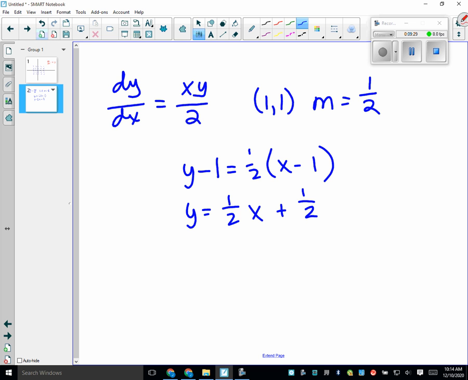Estimate the value of f of 1.2, which means when x is 1.2, what is y? Is y equal to 1/2 times 1.2 plus 1/2? What is y? 1.1. Are you with me?